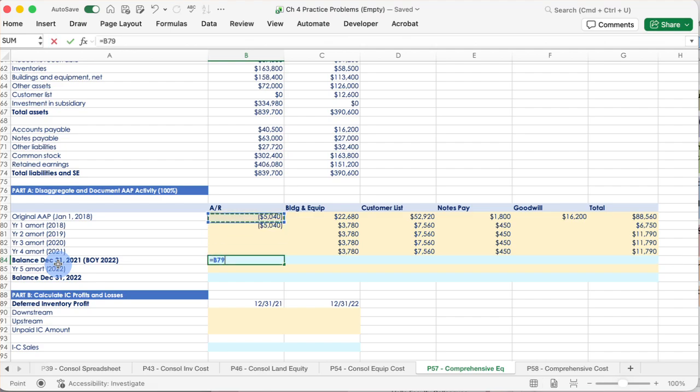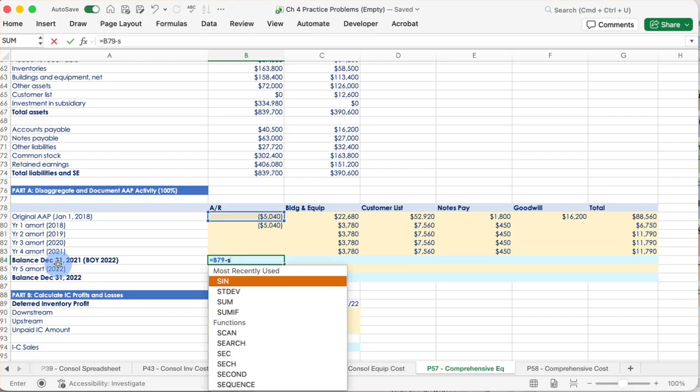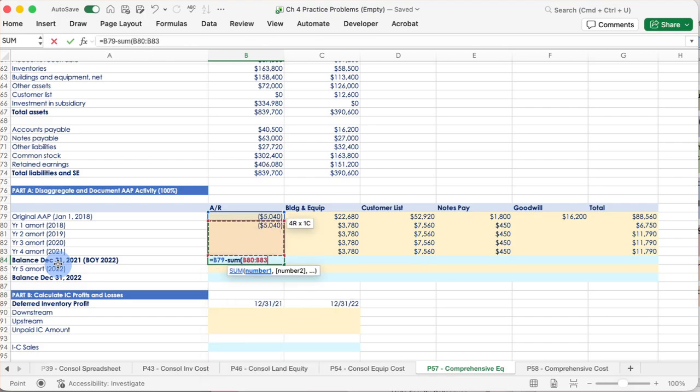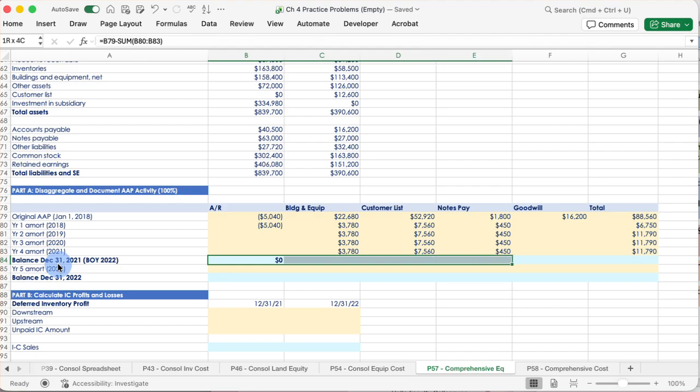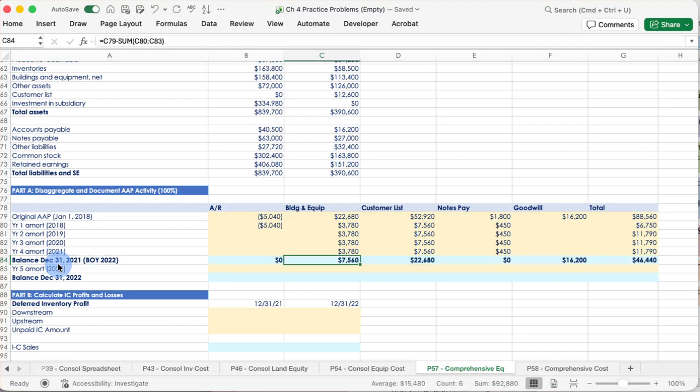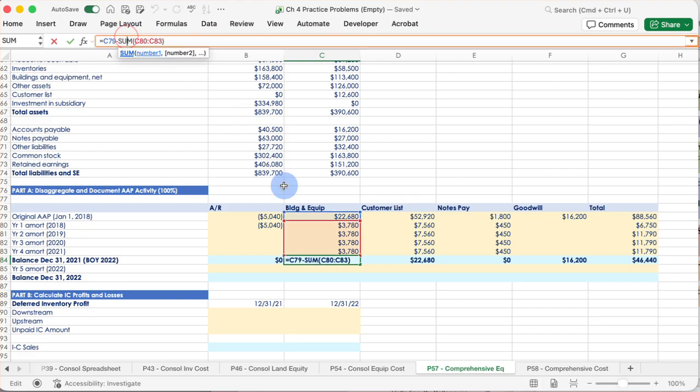I'm going to say minus the sum so that hopefully we can pull this over. Again, this is just a preference. If you would prefer to list these as negatives and then just sum them down, you can.